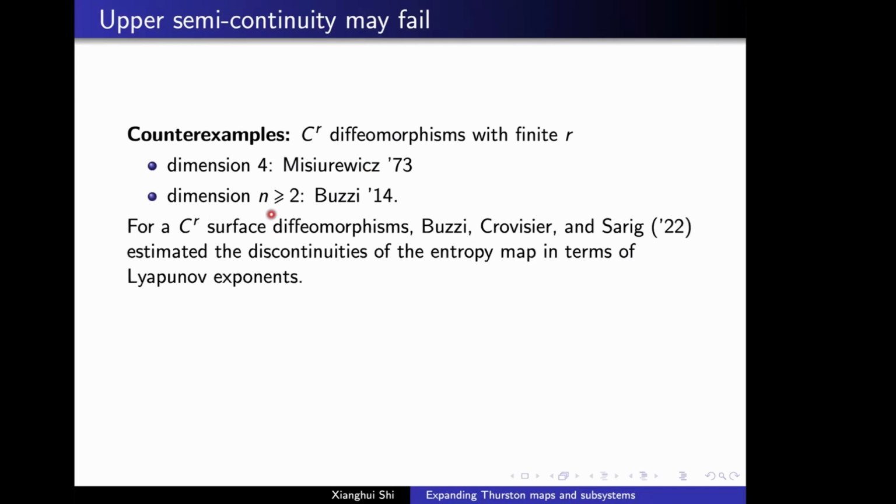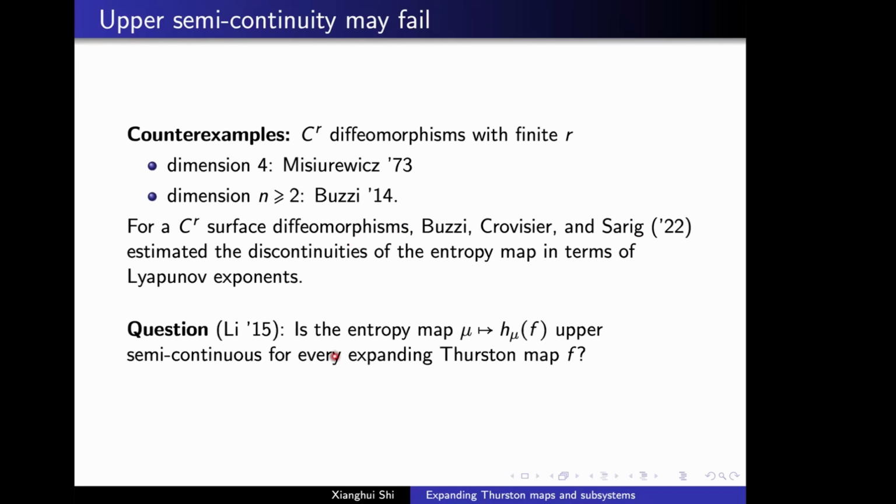And more recently, for C^r surface diffeomorphisms, Buzzi, Crovisier, and Sarig estimate the discontinuity of the entropy map in terms of Lyapunov exponents. So they added a new discovery in this direction.